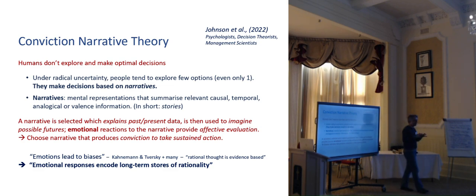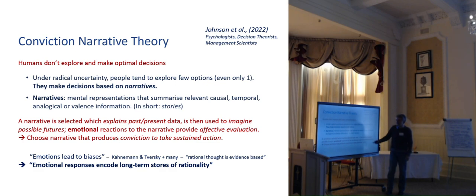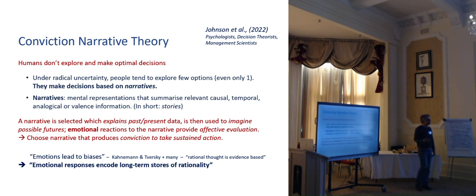So this isn't now about is it consistent with facts or not, but actually, do they like it? Is it positive in some way? Are there aspects of it that appeal to them and they think it will appeal to others? And then they choose the narrative that they think will be appealing enough that it will create conviction for the correct people to take sustained action. Because unless you take a decision that will actually convince people to take sustained action, it's pointless.